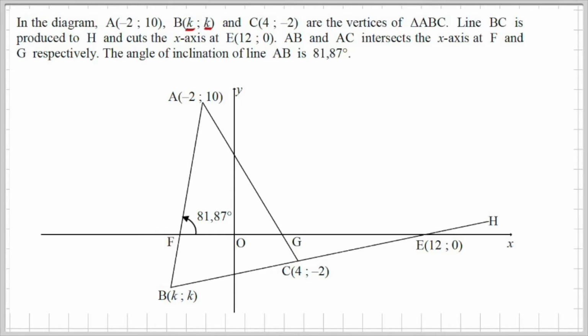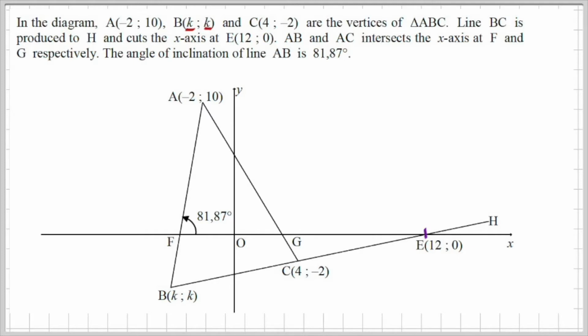Okay? They are the vertices of triangle ABC. Line BC is produced to H and cuts the x-axis at (12; 0). Important. Okay, we're going to also look at that. So it's the x-intercept of the line BCEH.